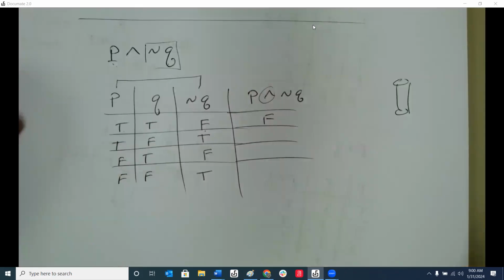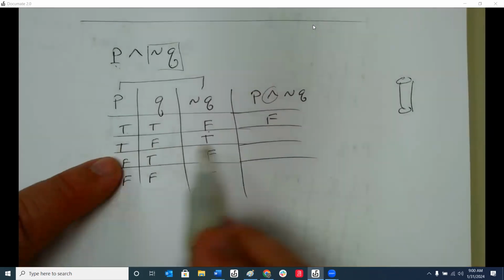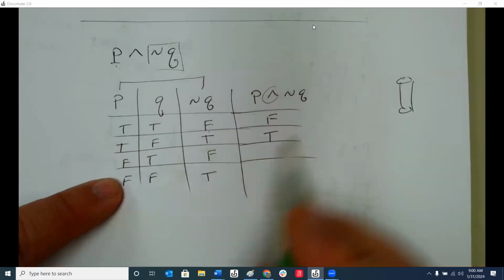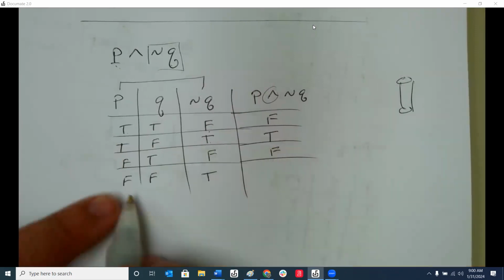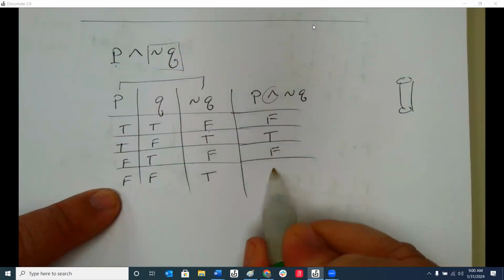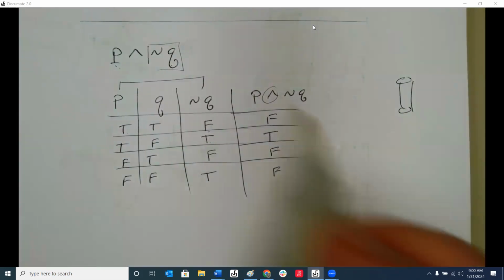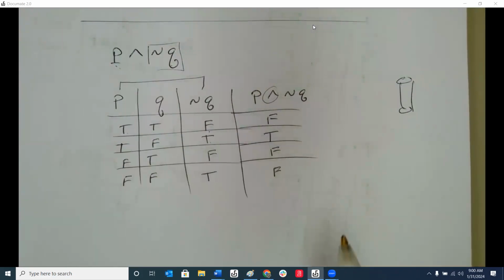Closed, with no water. Open and open. Closed, closed. Closed, open. False. Because in the and statement, the only time it could be true is if they're both true. If one of them is false, then it cannot be and true.